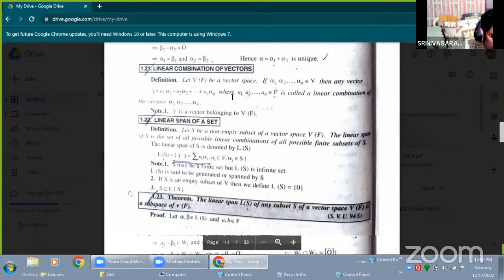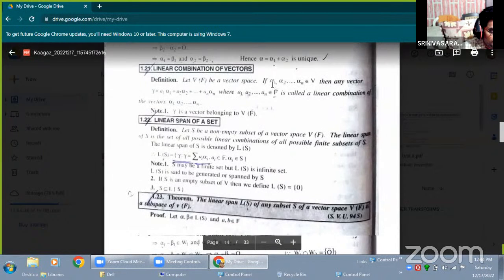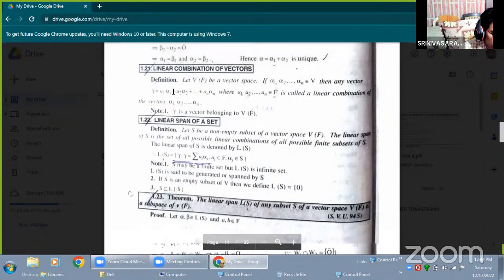A vector is equated to a sum of scalar multiplications. The first scalar multiplication is A1 alpha 1, the second is A2 alpha 2, and so on up to An alpha n. These scalar multiplications under vector addition are closed: A1 alpha 1 plus A2 alpha 2 plus and so on plus An alpha n.